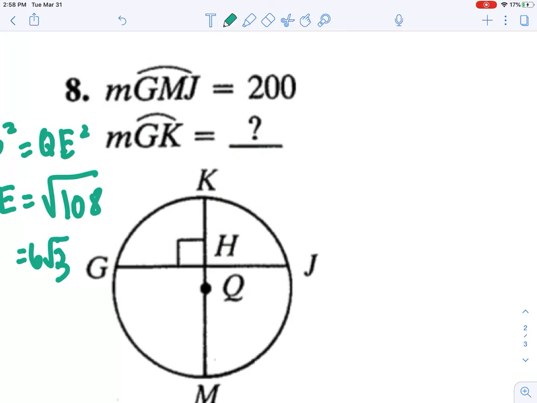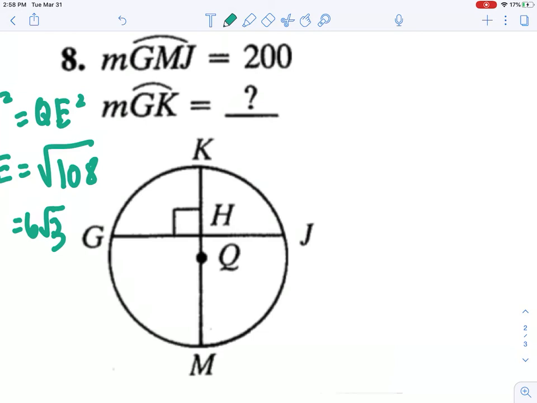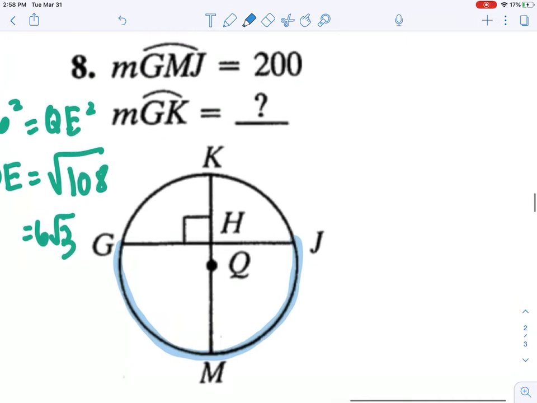Number 8, one of our last ones. We've only got 2 left. Okay. GMJ, that's a major arc. GMJ is 200 degrees. It should say degrees up there. Shame on them, whoever wrote this problem. 200 degrees. The measure of GK, how big is GK? Well, let's see here.